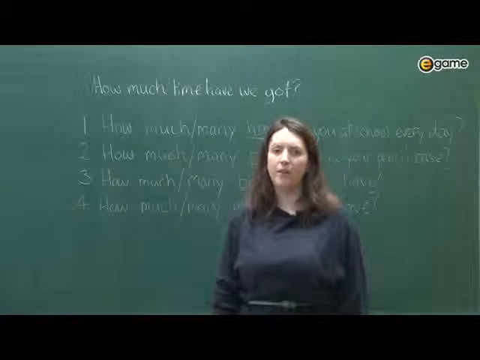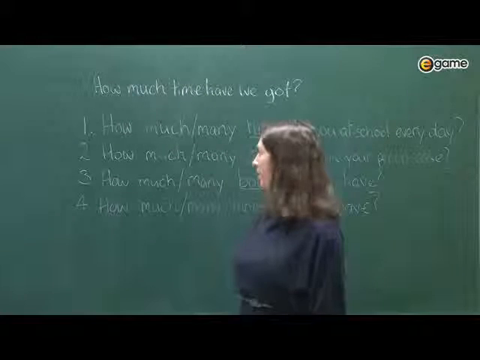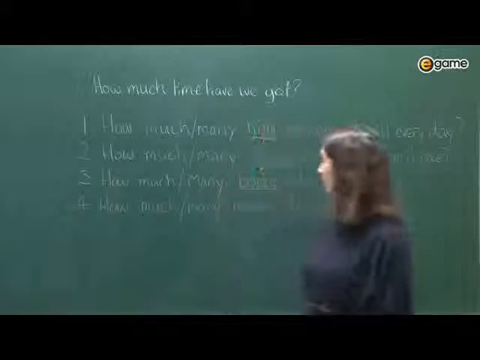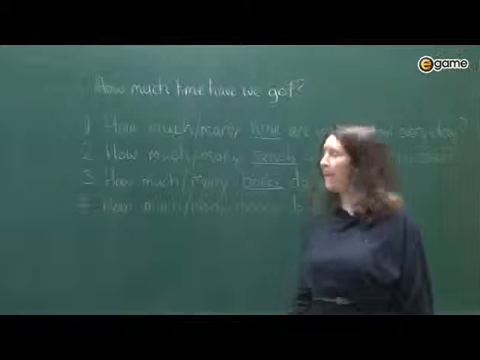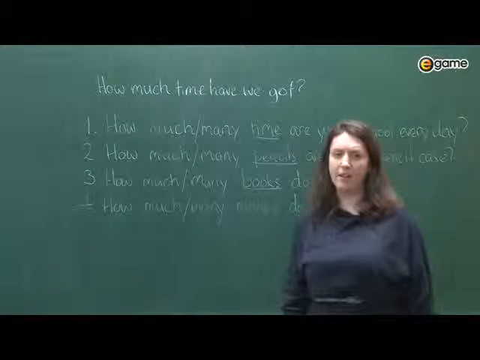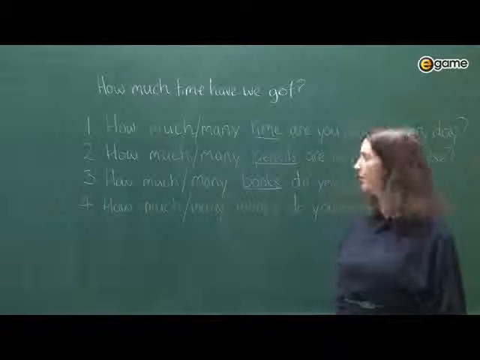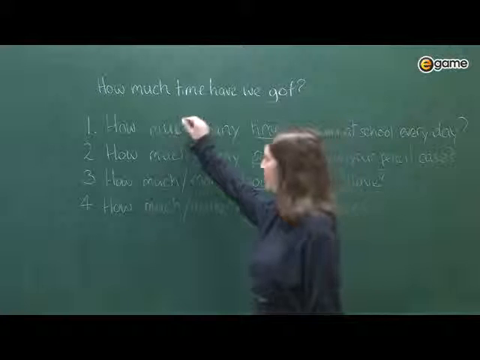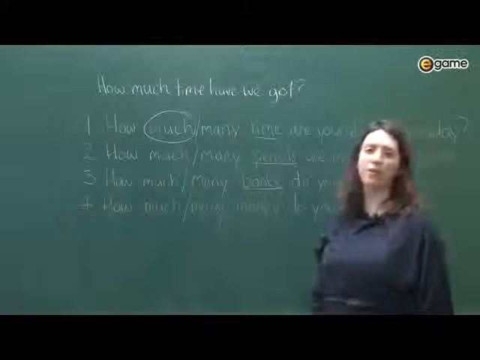Okay, so let's have a look through together. Number 1. Our noun is time. And as we said before, time is uncountable. And for uncountable nouns, we use much. How much time are you at school every day?